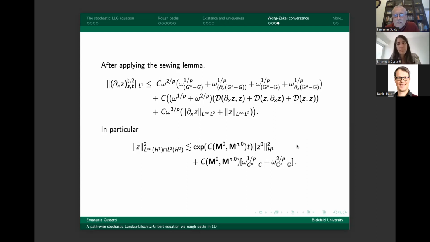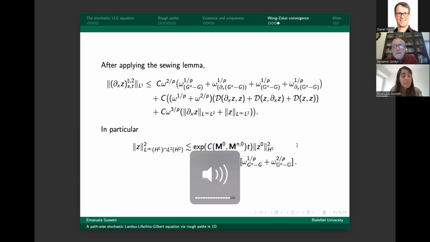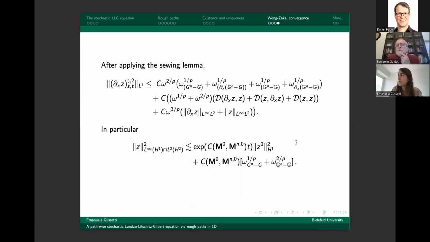Are there any more questions? Oh, yes, Daniel, please. I have a question. On the slide, you mentioned the inequality below on Z, the infinity norm. It follows from a Gronwall type lemma. You can conclude from the sewing lemma, which tells you something about the integral. So is there a Gronwall version of the sewing lemma? Because the sewing lemma is not the usual integral, there you speak about the germ and so on.